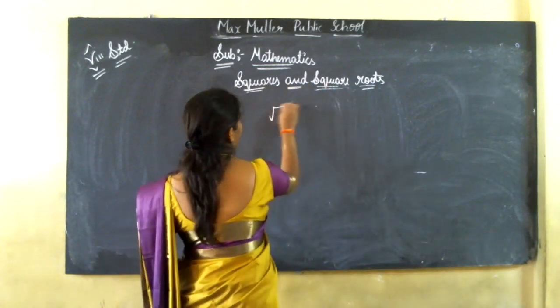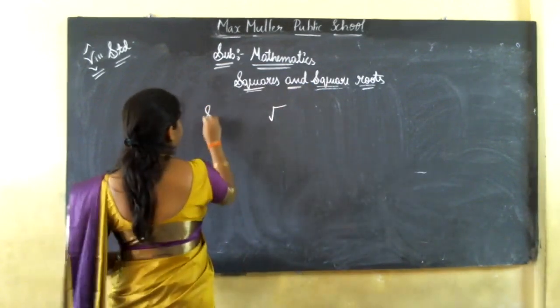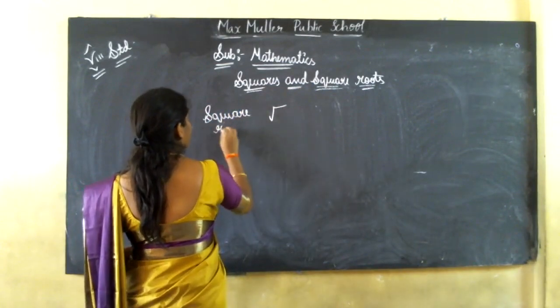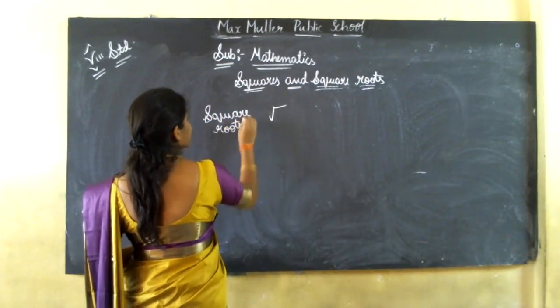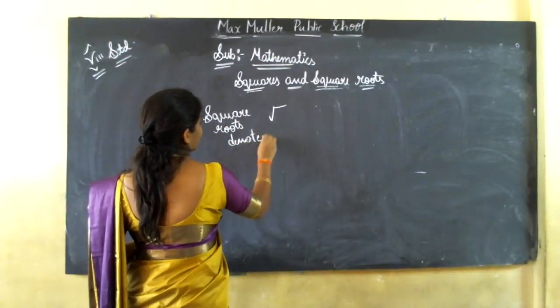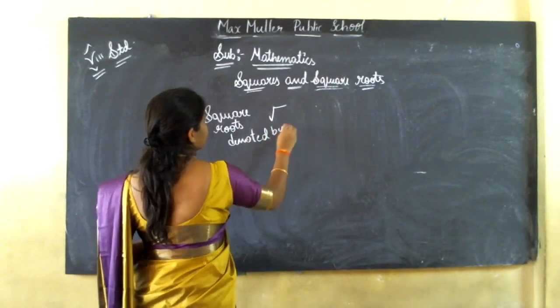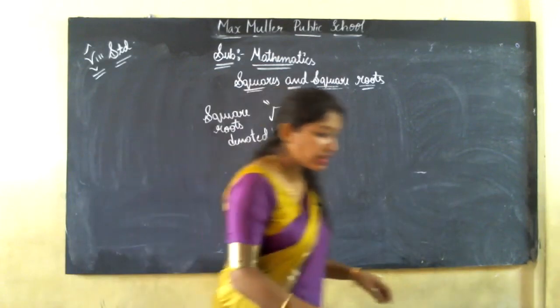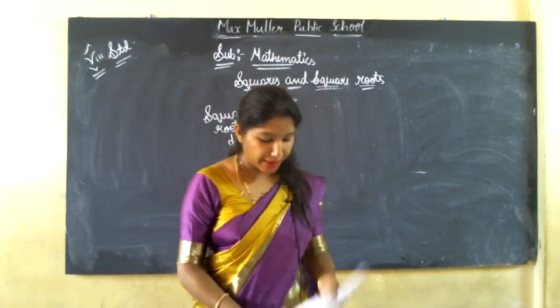the square root is denoted by a symbol I told you in the first class. Like this, you will be denoting the square roots, okay?